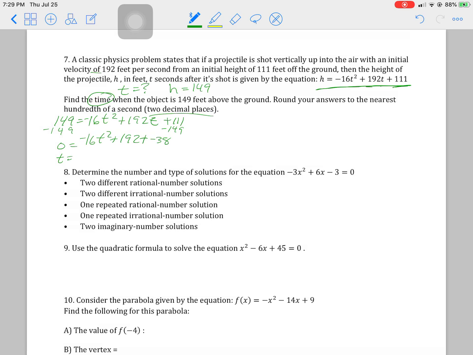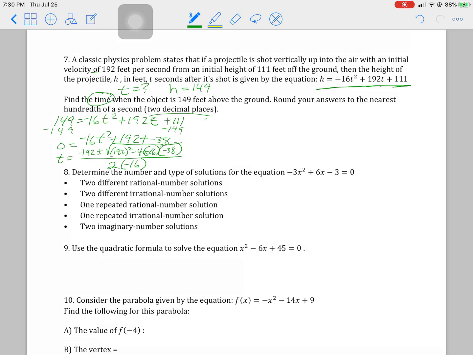So t is going to equal negative 192 plus or minus the square root of 192 squared minus 4a, which is negative 16, negative 38. Not a lot of room here. 2 times negative 16.